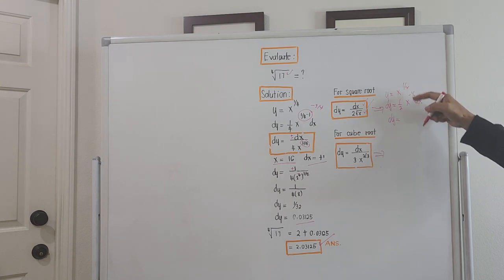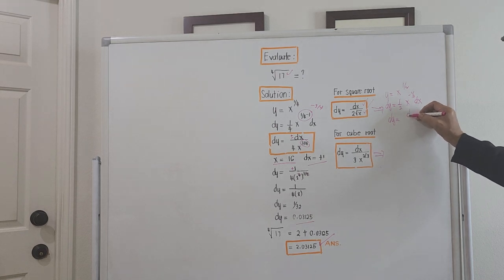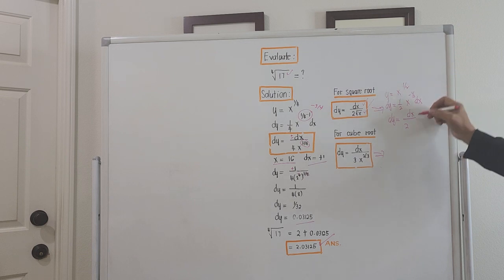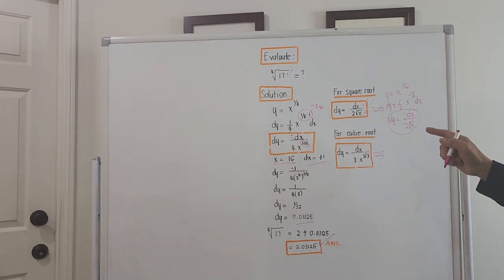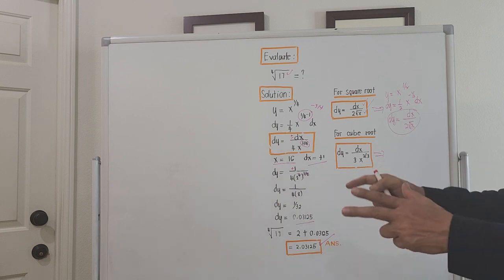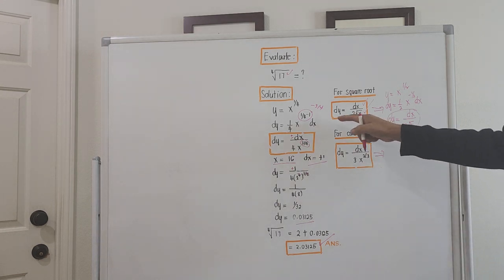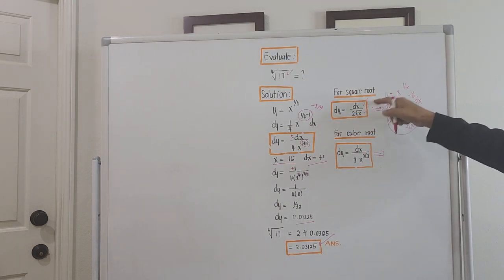So we bring down this one. So what remains will be dx over 2. x to the 1/2 is actually the square root. So this is actually the formula on how to get the increment of the square root of a number if it is not exact. Okay? That is dy is equal to dx over 2 the square root of x.